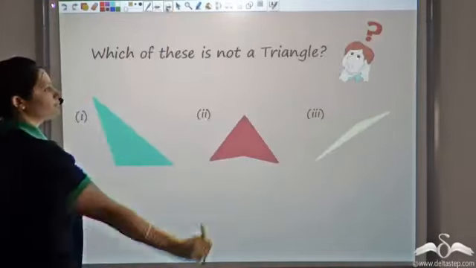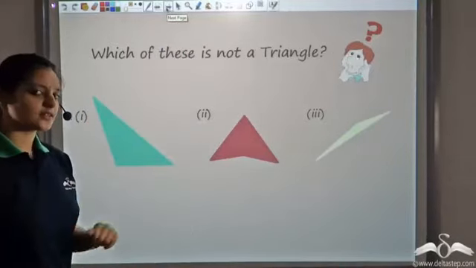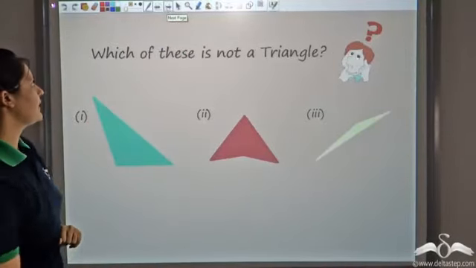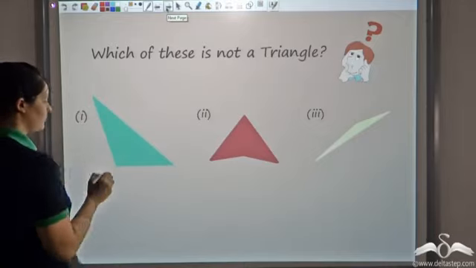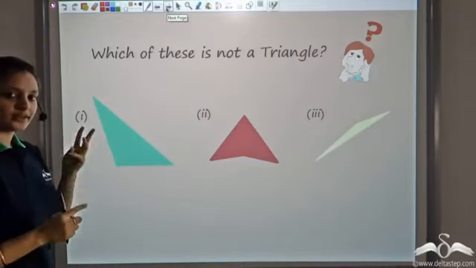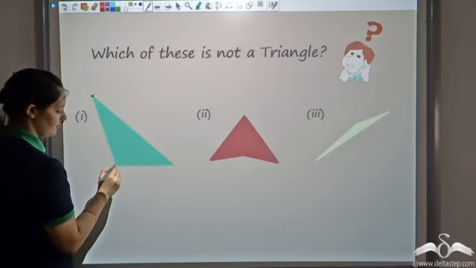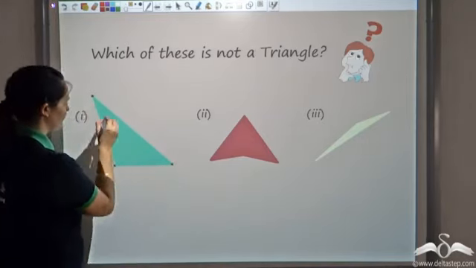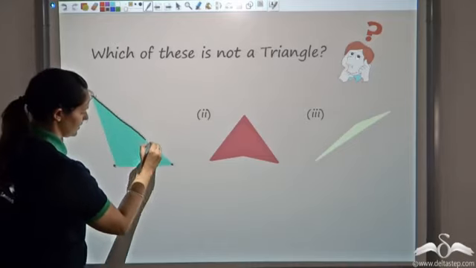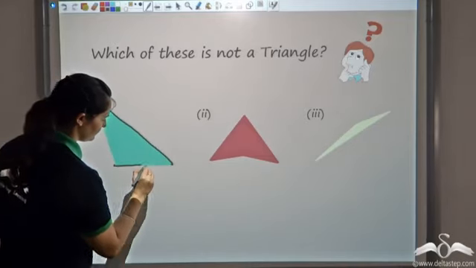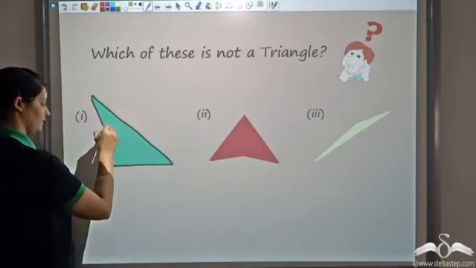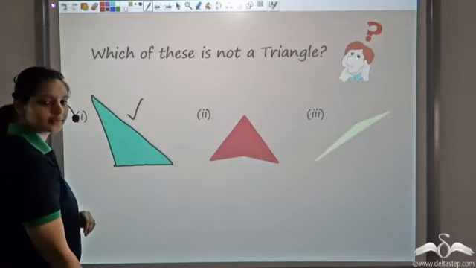Now, can you tell me which of these is not a triangle? Let's see. The first thing, we need to check 3 vertices and 3 sides. So let's look at this. 3 vertices and 3 sides. 2 and the third side. So it's a triangle.